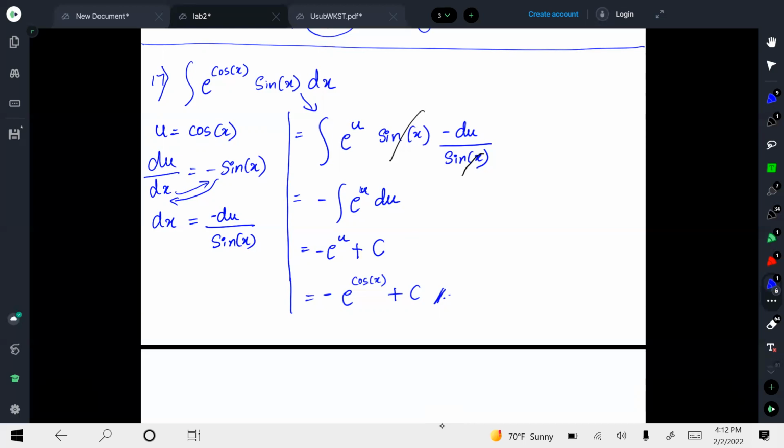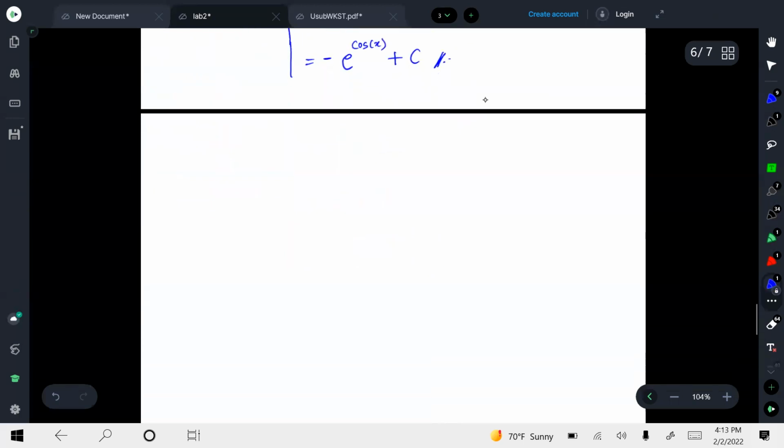Okay, number 12. Question number 12, it is cosecant cube of x, cot of x into dx.